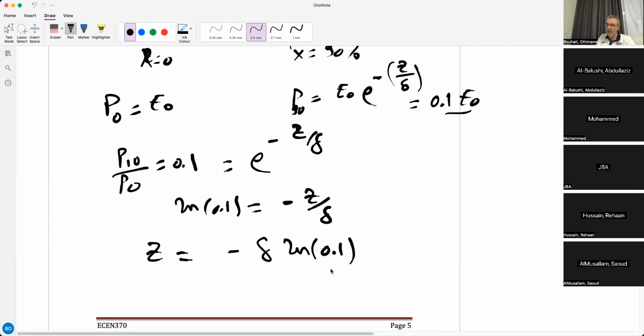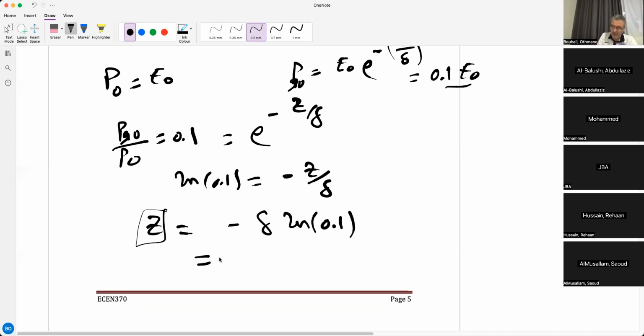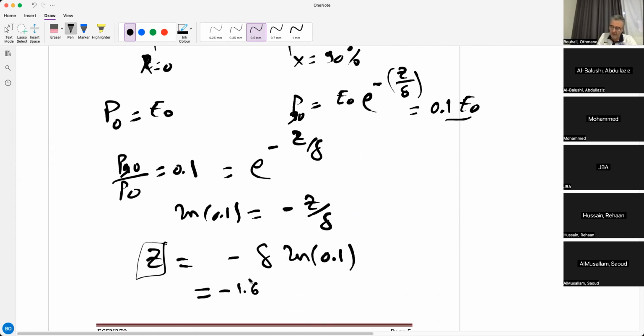Of course, I can call it P90, the point when you lose 90% of your power. So the depth at which you lose 90% is equal to minus delta, which we already calculated, 1.33 microns, times ln of 0.1.